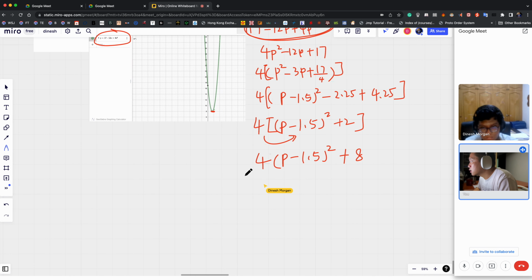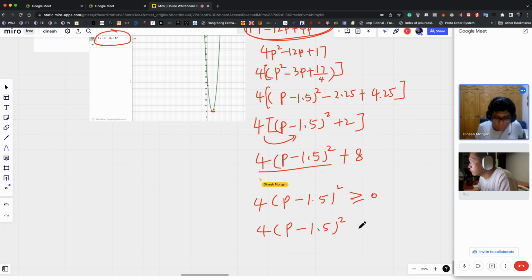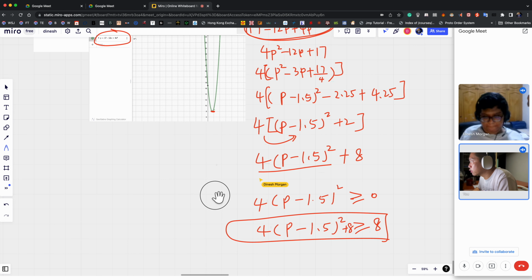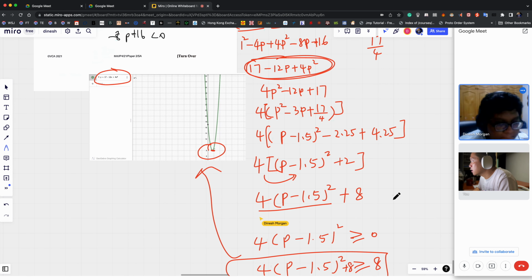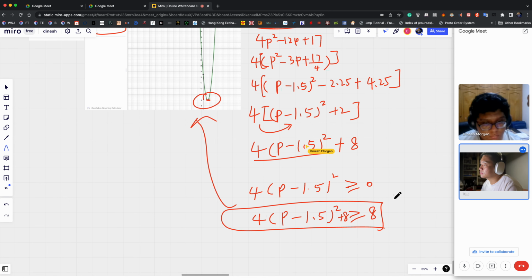So you reason that it's always positive, bigger than 0. Therefore this whole thing is bigger than or equal to 8, exactly what the graph shows me. So b squared minus 4ac is always positive.